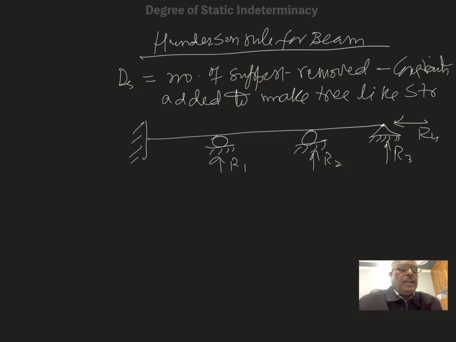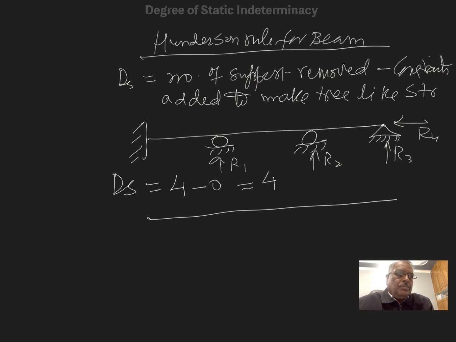To make a tree-like structure, tree means one edge fixed, other free, these supports will be removed. So how many reactions will be removed? There will be 4: 1, 2, 3, 4. Therefore ds will be 4 minus 0, since we are not adding any constraints to make this structure rigid. So ds is 4.